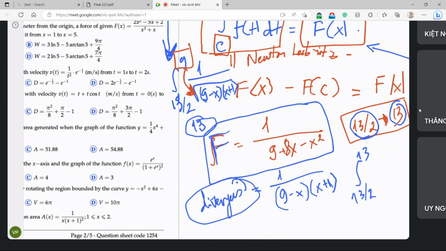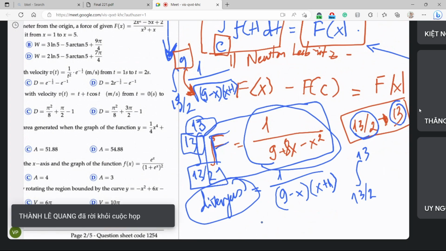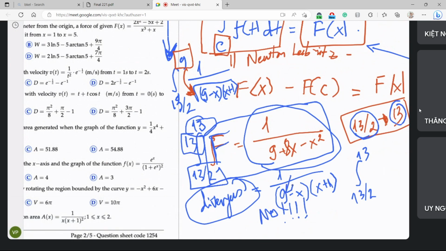But if I don't talk about the work done, I just say find the integrals of this function from this point to this point. Can you find the antiderivative of this function and then substitute at these two values? The answer is no, because between them we have the number 9 and it is an improper integral, and in this case, because the power is 1, it diverges.